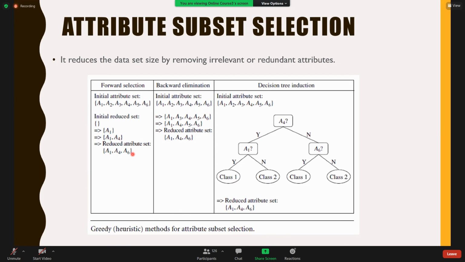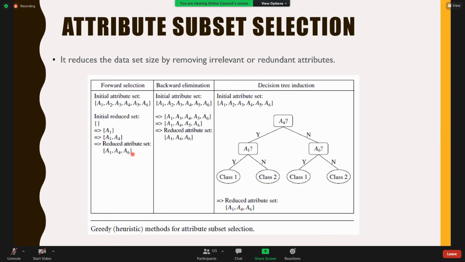The criteria will change. There are many attribute selection techniques that we'll learn in our third unit. In the third unit, we'll learn how an attribute is selected from the given data set, and which attribute is selected at a given point of time. We have measures such as information gain, gain ratio, and Gini index.